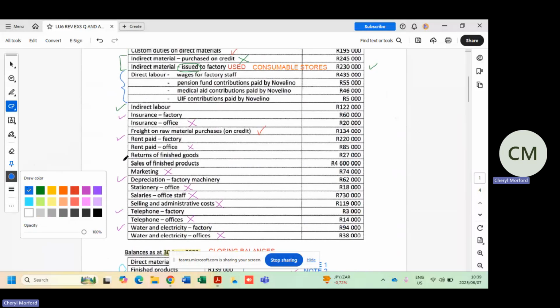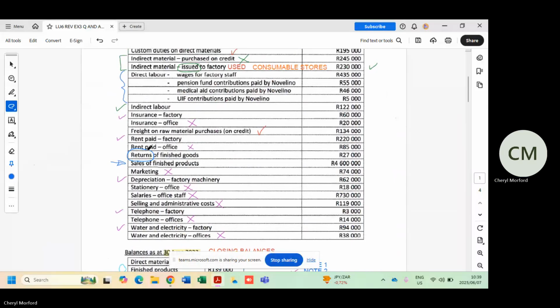So over here we've got sales of finished products. Always please look out for sales returns, because that will reduce the trading statement. So here we've got that. So I must not forget to minus the 27,000 from the 4,600,000. That gives me the term net sales.